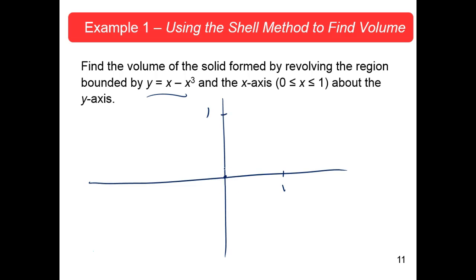Okay, good. And let's go to the other endpoint where x equals 1. What is its value? 0. Wow. Okay, let's say 0.5. What would that one be? 0.5 minus 0.5 cubed.